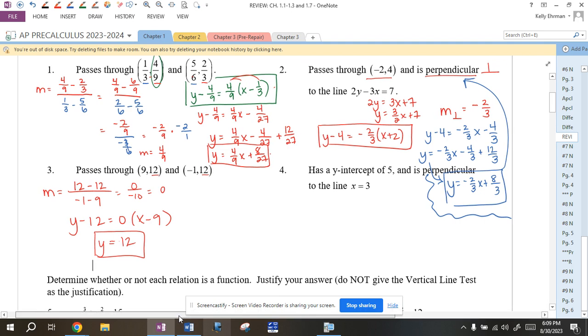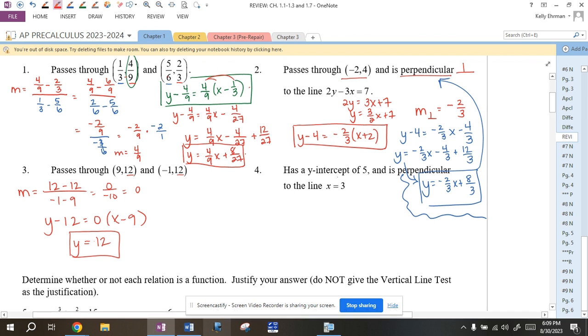Okay. Number 4 has a y-intercept of 5 and is perpendicular to the line x equals 3. Y-intercept of 5 means that we have the point 0, 5. Perpendicular to the line x equals 3. So remember that as a vertical line. So perpendicular to a vertical line just means we're supposed to have a horizontal line.